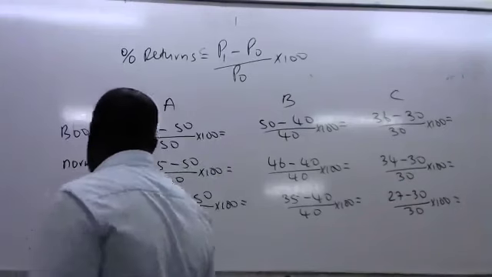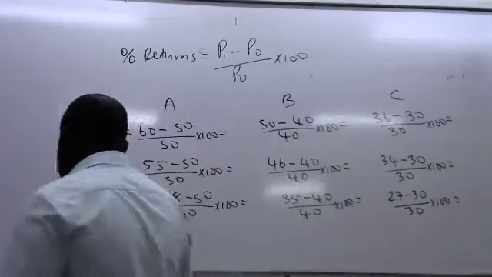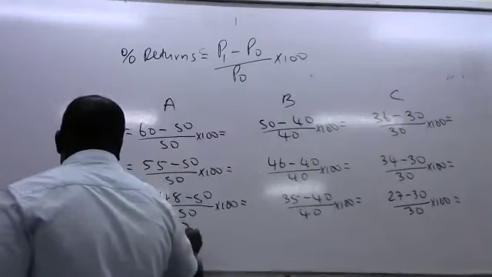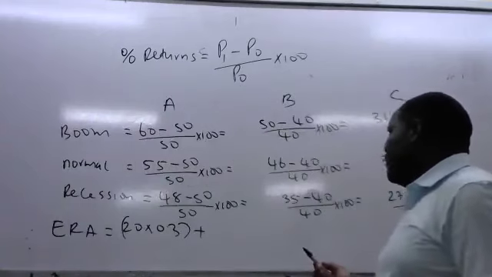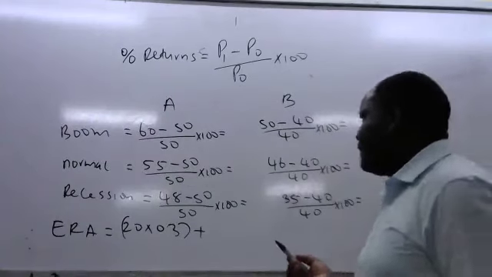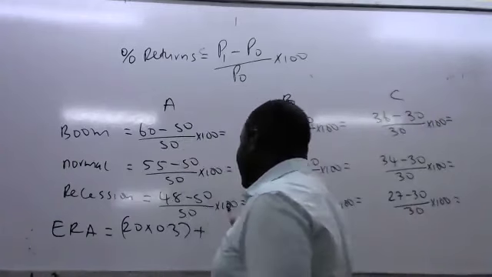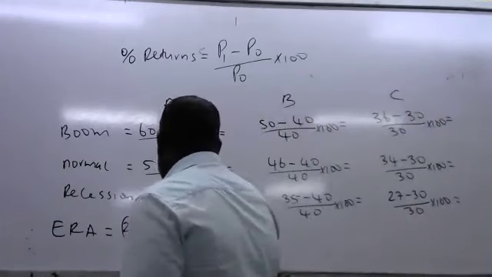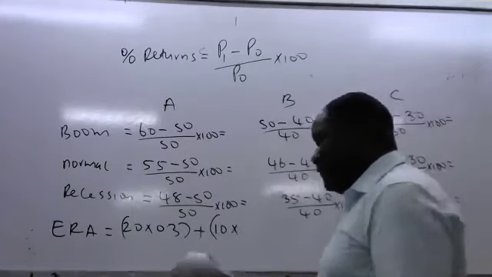Probability of boom, it is 0.3. Then we add the one for normal. What is the return for normal? This one. Here, 10. So you take 10. Probability of it occurring, it is 0.4.